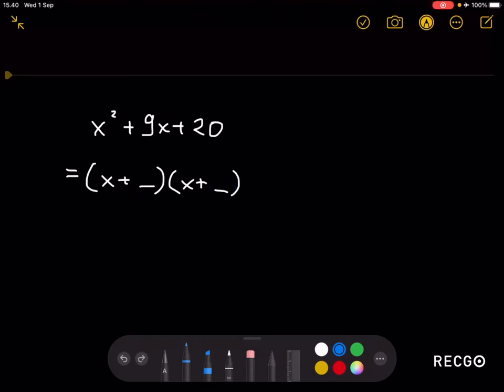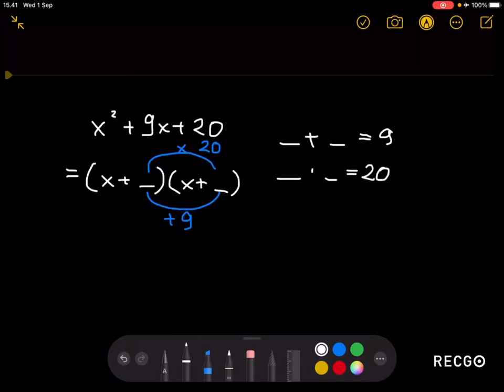So here's the trick. These constants are very special because they must satisfy the property that the sum of these must be equal to the coefficient of x, in this case 9, and the product of these two must be equal to the constant term of this quadratic, which is 20. So think of two numbers that when you take the sum of both is equal to 9, and when you take the product of both is equal to 20.